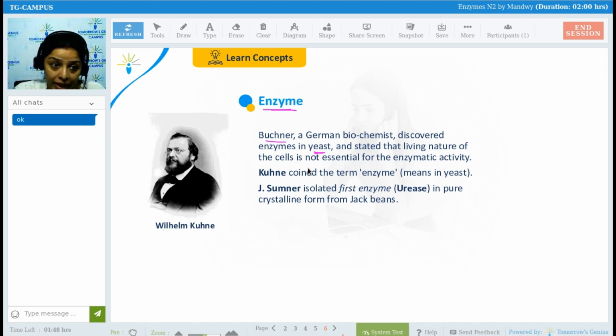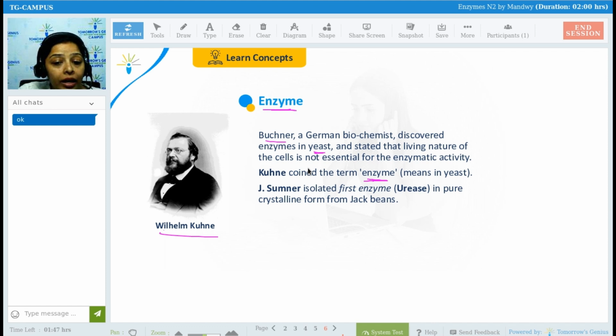He said that something in the yeast cell enhances the metabolic activity, that the cell is active or living because of that particular substance. But what is that substance?